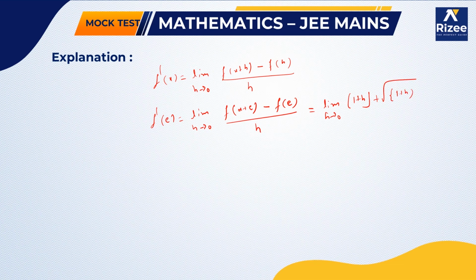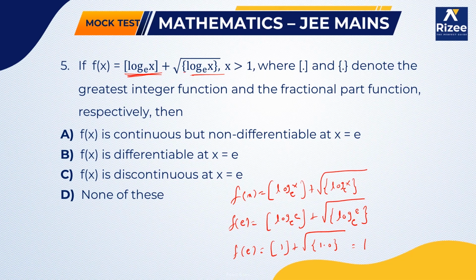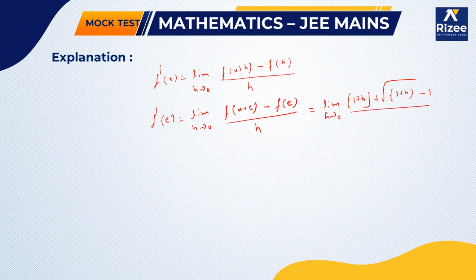The f of e value is 1, substitute here, divided by h. I am substituting 1 plus 0, and I am not changing the fractional part here. 1 plus h minus 1 gets cancelled.